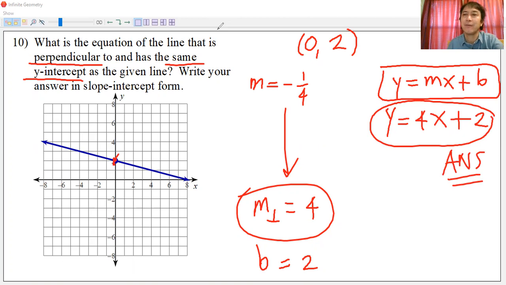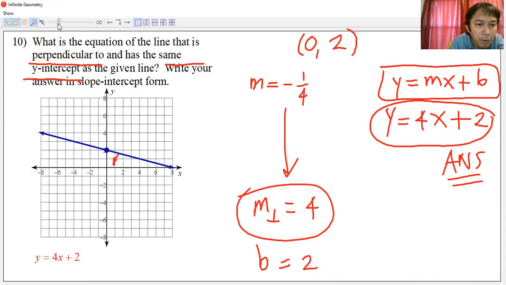So we shall see the computer's answer. It's down there at the bottom, so we shall shrink the display a little bit. Y is equal to 4x plus 2.